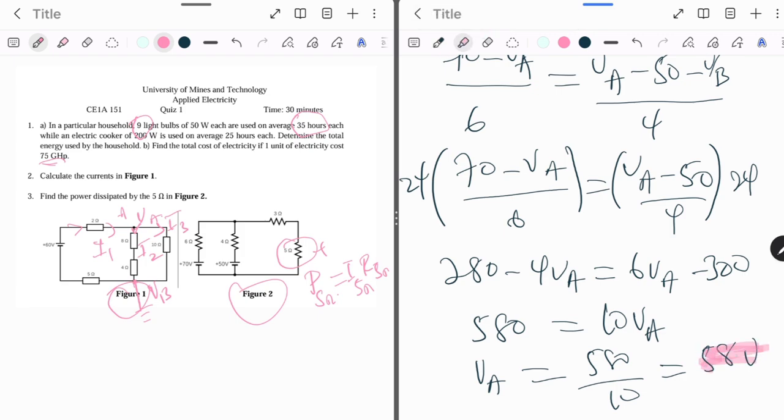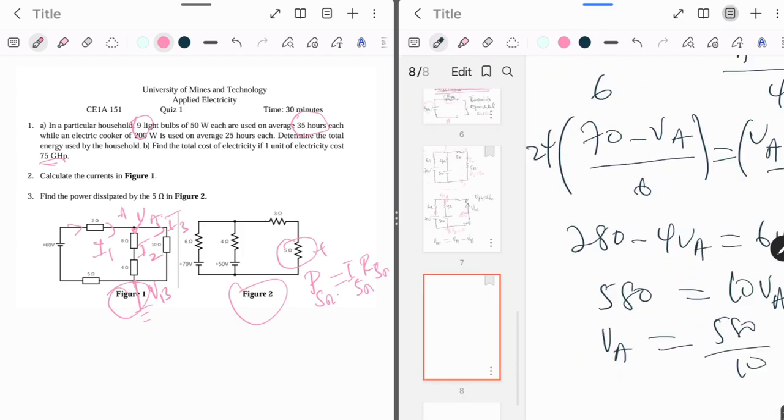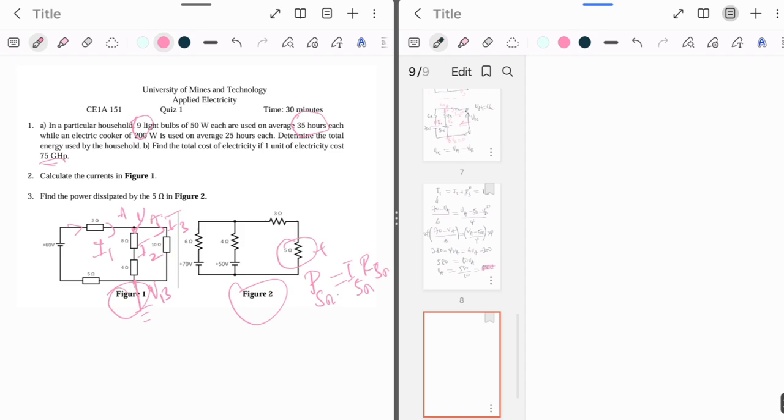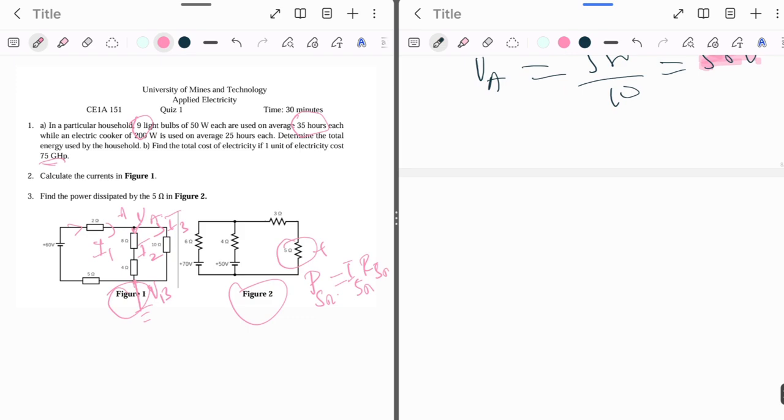So this becomes VA. Once I've gotten this VA, we go back. Remember, I wrote earlier the open loop circuit voltage will be VA minus VB, right?